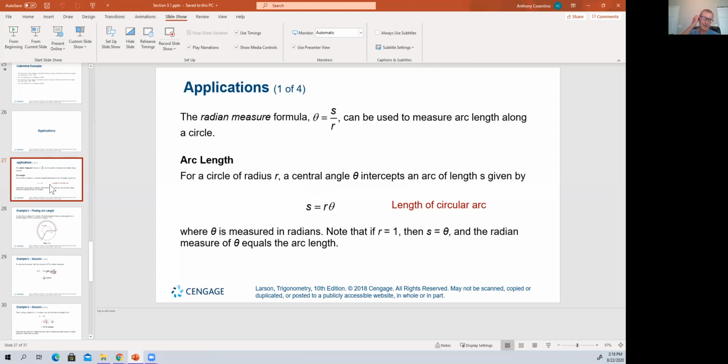The first one is this idea of measuring arc length. And hopefully, when you go back to the definition of an angle, you could see that we could do just a little bit of simple algebra to get to the equation of arc length. The arc length is defined as the S value is the radius times the angle.